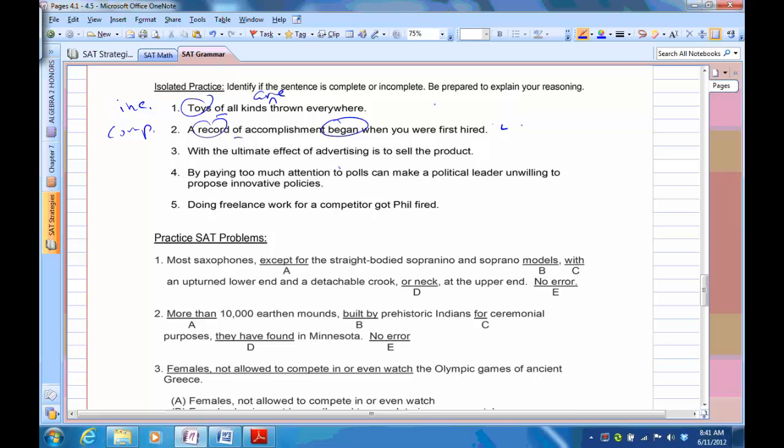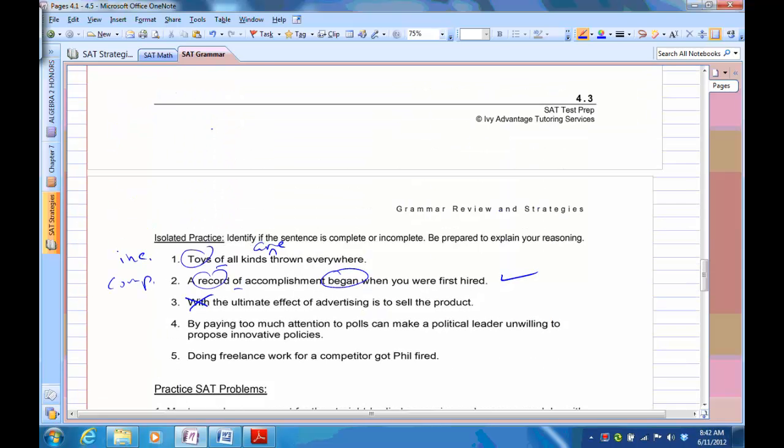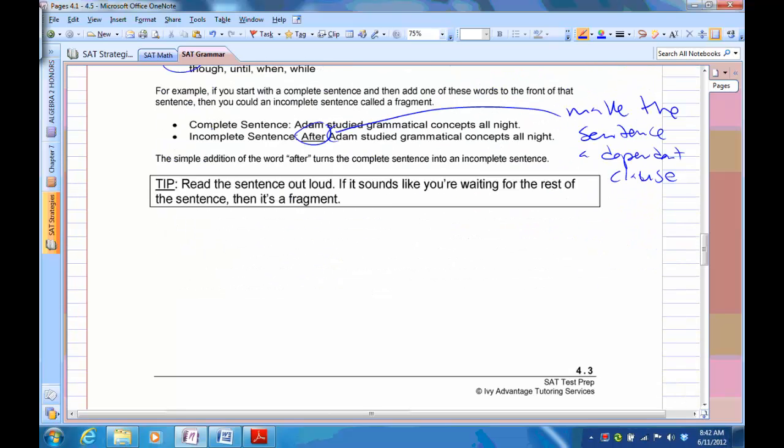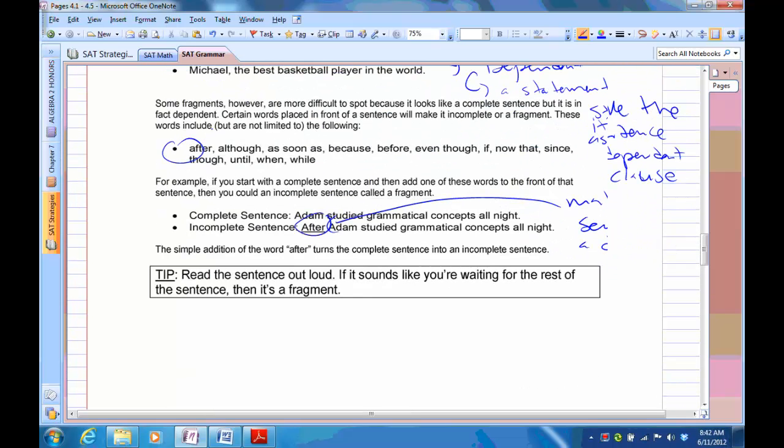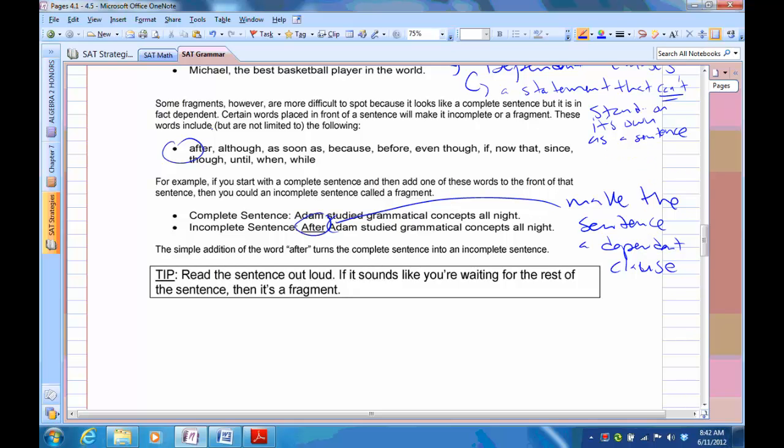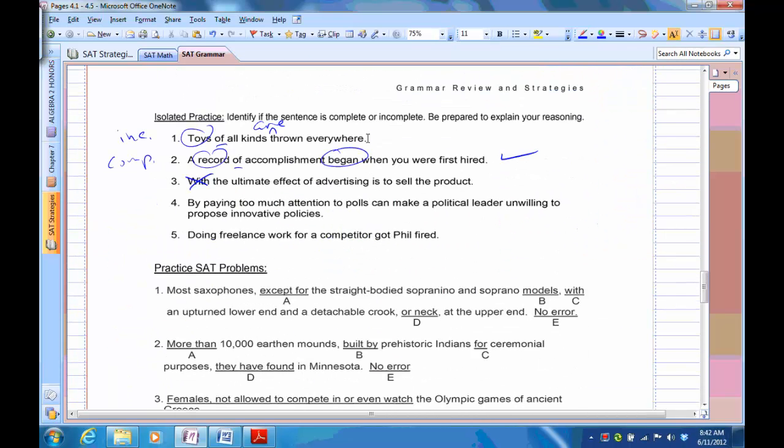With the ultimate effect of advertising to sell the product. The word with, if you look back up here, with those words like after, although, because, now that, since, though, until, when, while, probably with is another one we should have added here as well. Some of those transition words can cause fragments. So just say the ultimate effect of advertising is to sell the product. So now it's the independent clause that can stand on its own by dropping the word with.